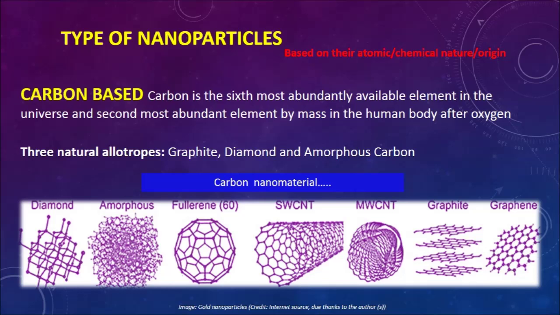In the bottom structure you can see several carbon nanomaterials like diamond, amorphous carbon, fullerene, typically called C60, single-wall carbon nanotube, multi-wall carbon nanotube, graphite, and graphene.